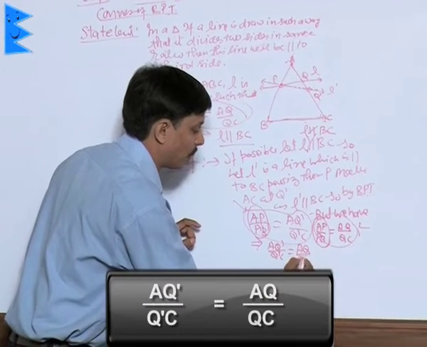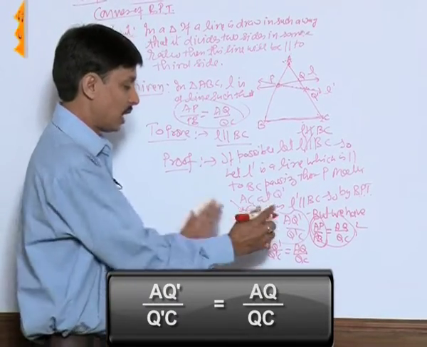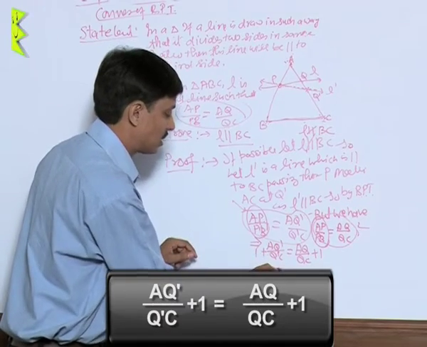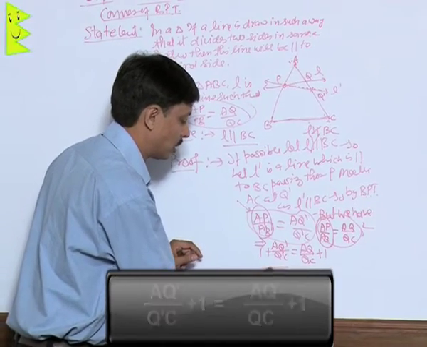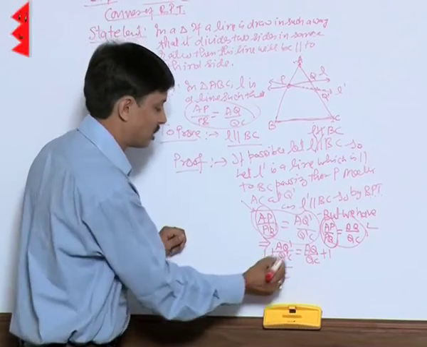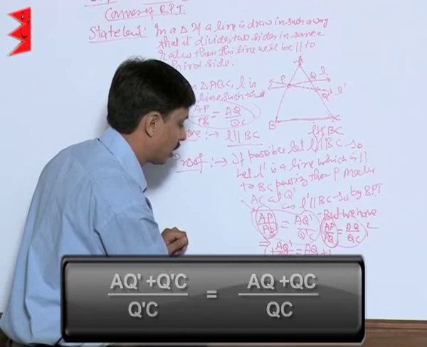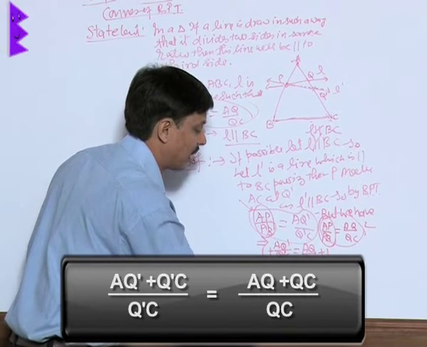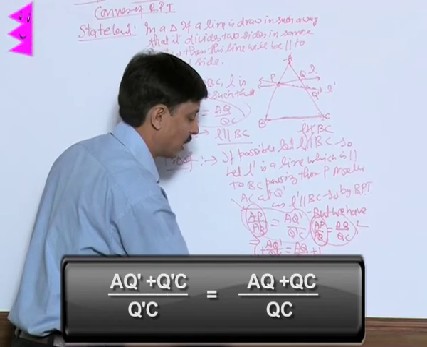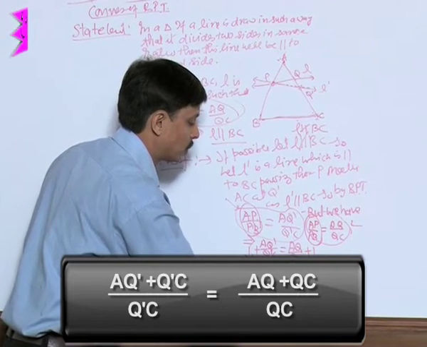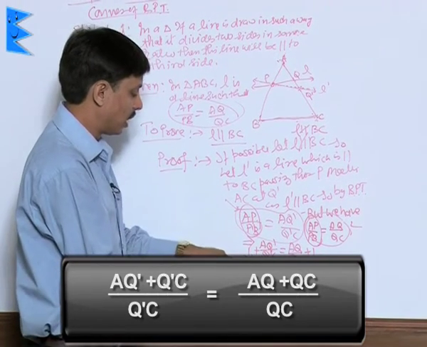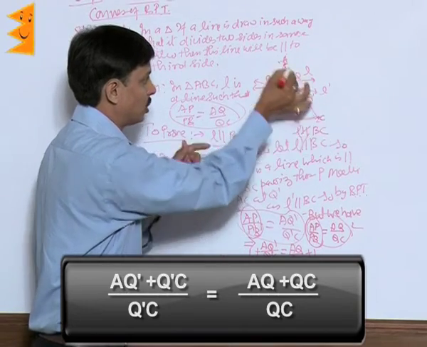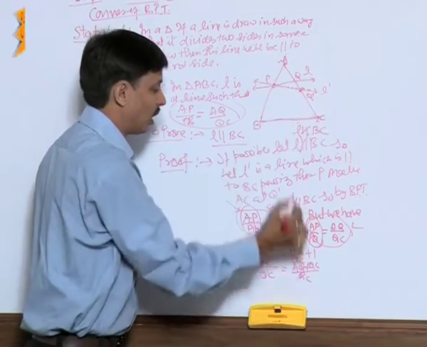If I add one to both sides, the LCM is Q dash C on the left, so it will be AQ dash plus Q dash C, and on the right the LCM is QC, so we get AQ plus QC. AQ dash plus Q dash C is equal to AC.